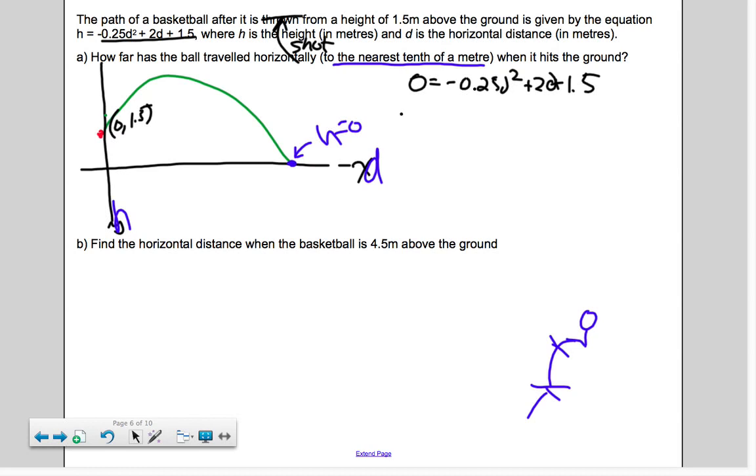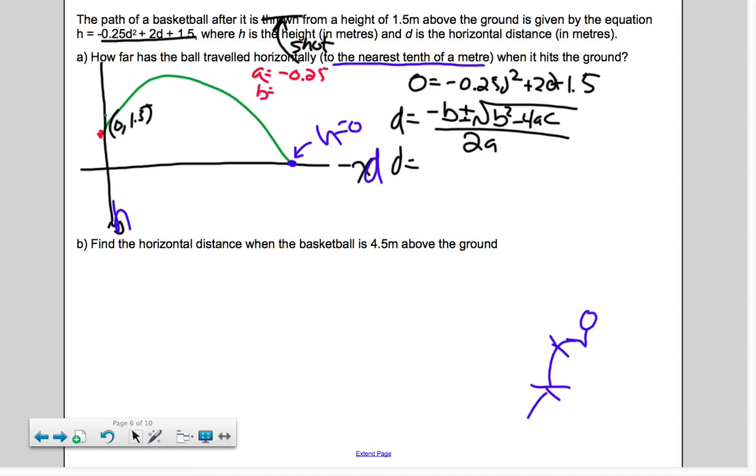So we get d is equal to minus b plus or minus the square root of b squared minus 4ac all over 2a. So d is equal to, what's my a value here? A is negative 0.25. B is 2, and C is 1.5, right?